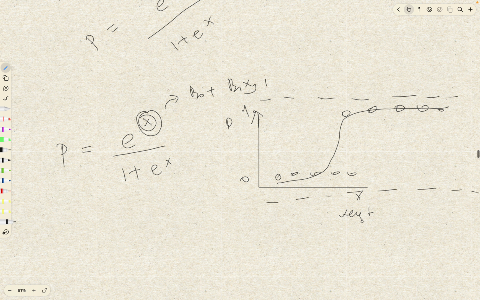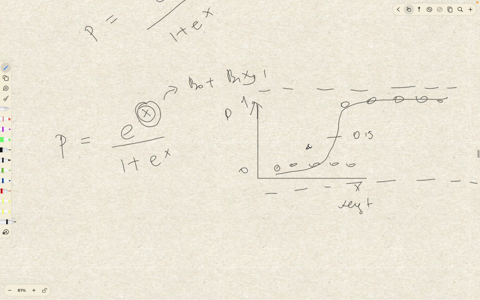So we plug the weight, look where it is placed in this function, and then set a threshold. Let's say this is 0.5, and if the probability is bigger than 0.5, we can say that this person is obese, otherwise this person is not obese.